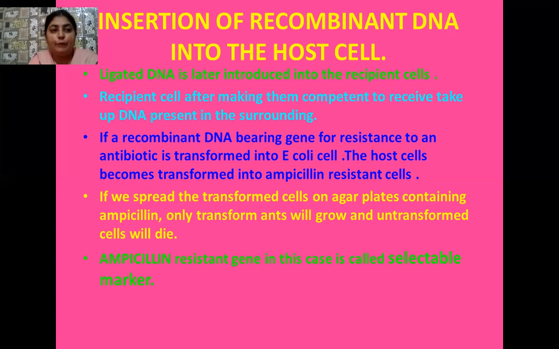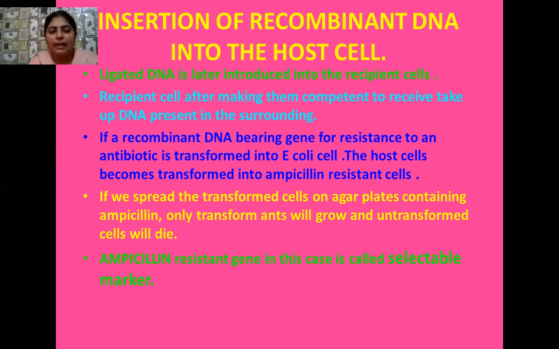Then what happens if you have transferred the ampicillin resistant gene? You see that the transformants show an easy growth over the Petri plate that contains ampicillin antibiotic, though they cannot grow over the tetracycline Petri plate and streptomycin Petri plate.